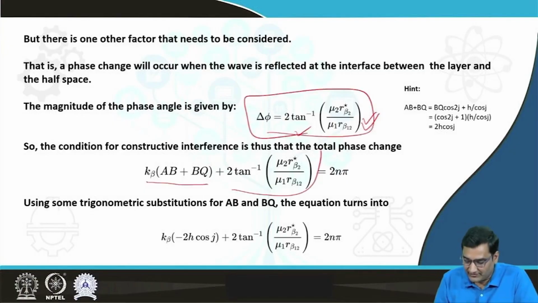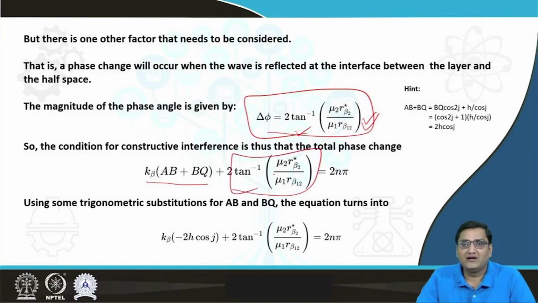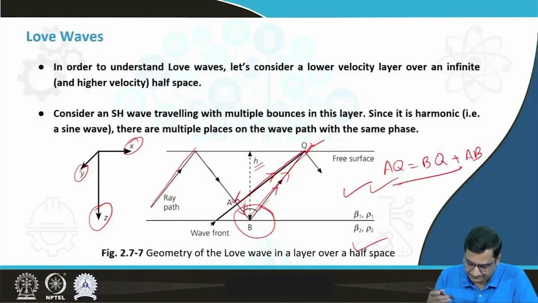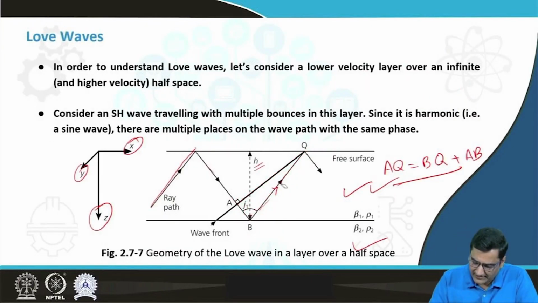If the wave is interfering constructively, that should be equal to a multiple of 2 pi. So using some trigonometric substitution, we can write AB and BQ in terms of cos J, the cosine of the incident angle. If you look at this figure again, suppose the angle of incidence was J, then this entire angle will be 2J.